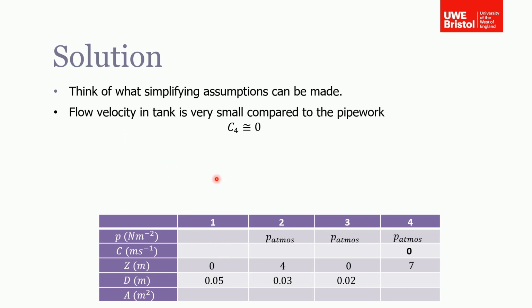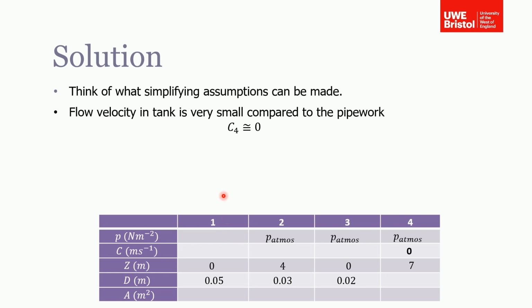But before we start, we can make some simplifying assumptions. The first one is that we were told that the 2 pipes, 2 and 3, were discharging into the atmosphere. So we know that the pressure there is atmospheric. And given that the tank was also open to the atmosphere, we know that the pressure in 4 is also atmospheric. But we don't know what the pressure is in pipe 1.